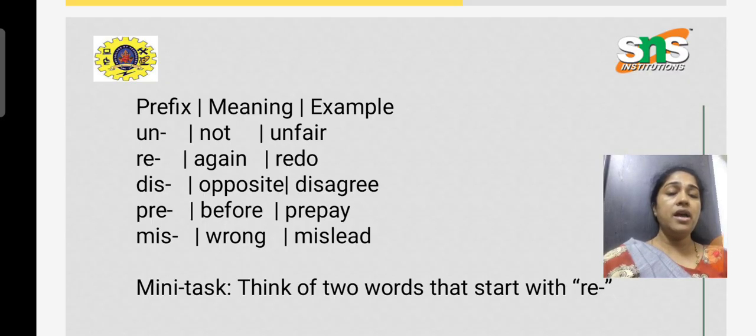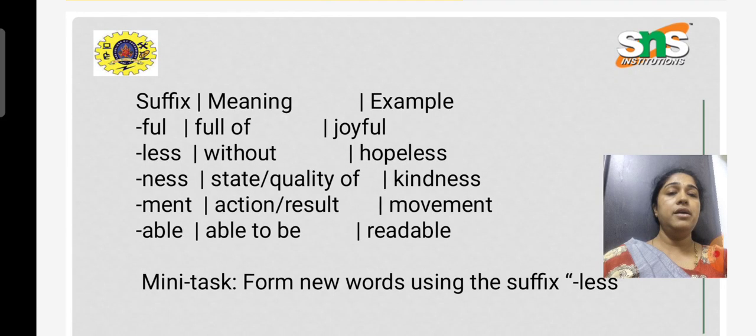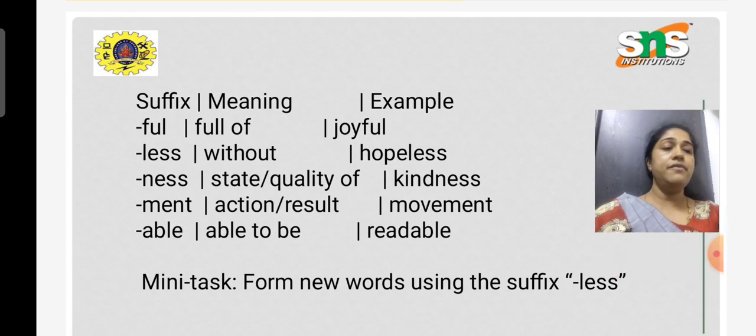As a teacher, I'm going to give you a mini task. Think of 2 words that start with re. Now look at the suffixes: full, less, ness, ment, able. Full is full of, less is without, ness is state or quality of, ment is action or result, able is able to be.